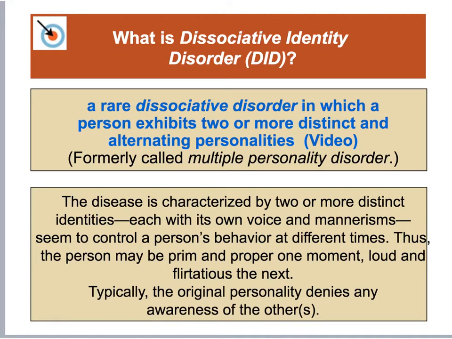Sometimes the personalities are aware of one another's existence, and sometimes they're not. Sometimes it can be some sensory cue that triggers another shift. It could be a smell, it could be a sound, it could be an uncomfortable position. Let's say one personality doesn't handle conflict well, so a personality that does handle conflict will surface.